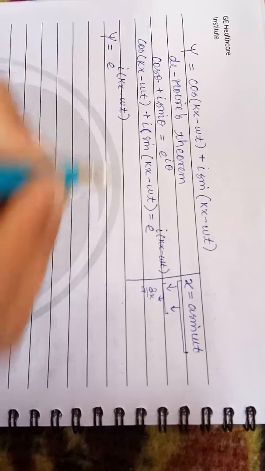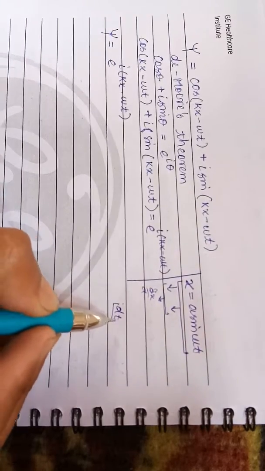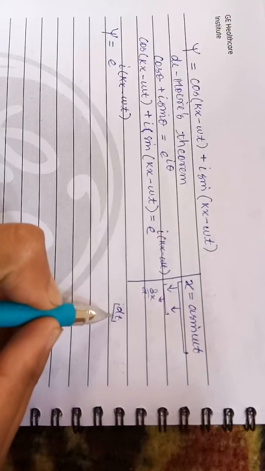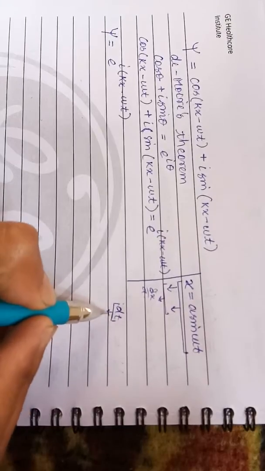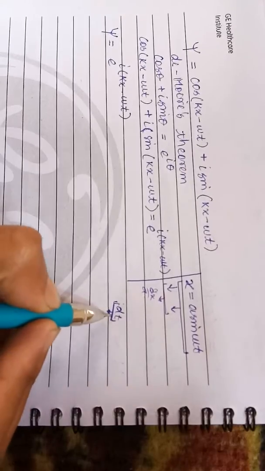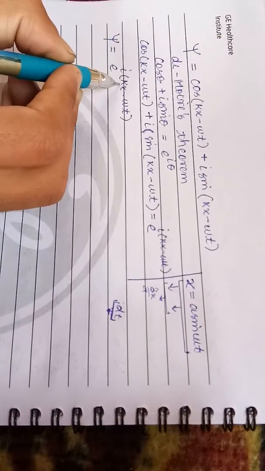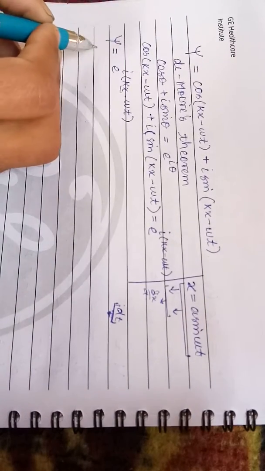That means the equation should be independent of time. dt is not allowed over here because that would mean time is a variable, but I'm going to derive the time independent Schrodinger's wave equation. That means I have to take into account x.